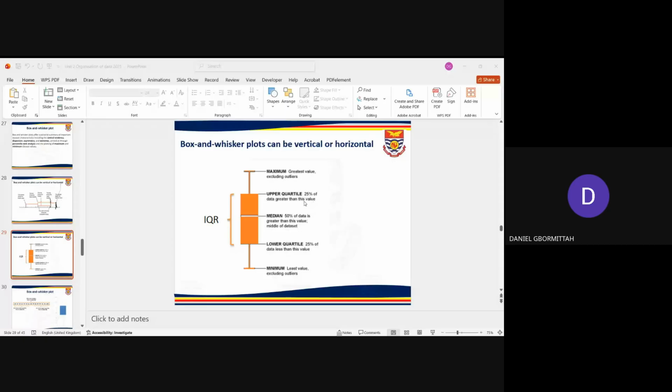But the interpretation here too is right. If we say that the upper quartile is 75, it means that 75% of the scores fall below the upper quartile value that we will be reading. But what they have done here means that 25% of the data falls above.